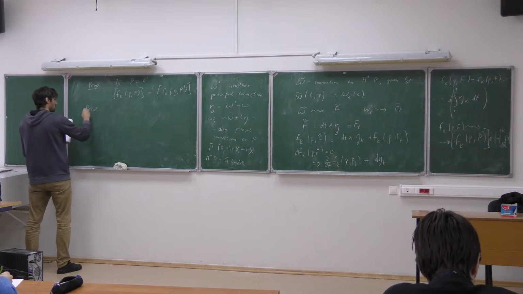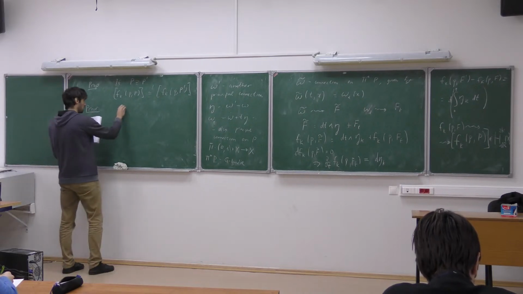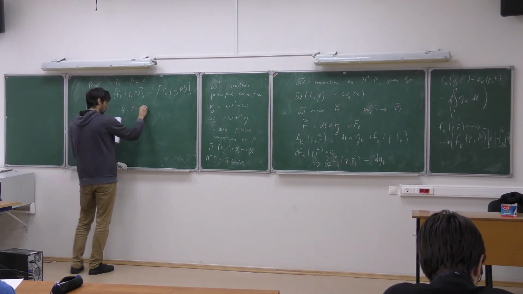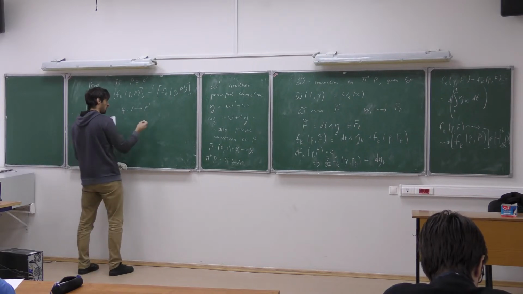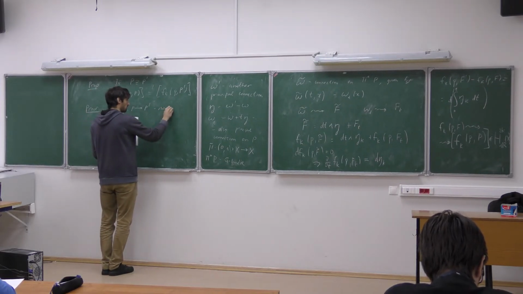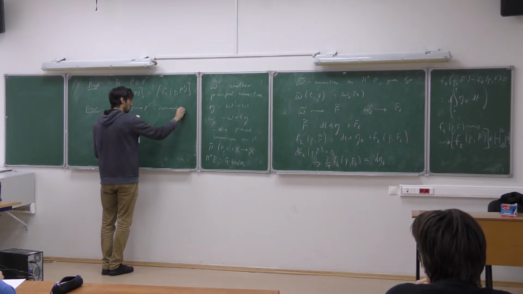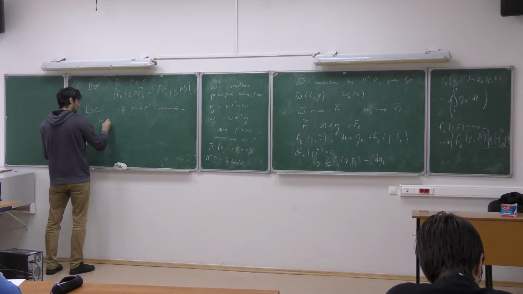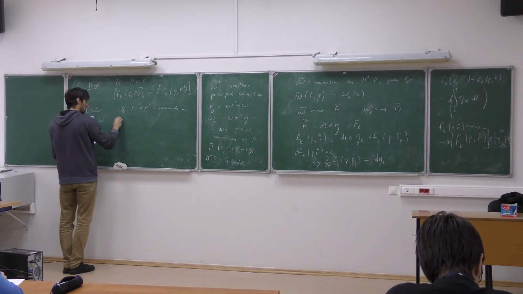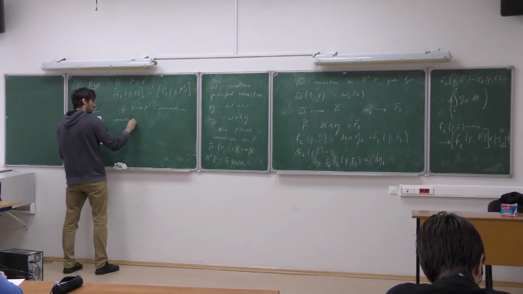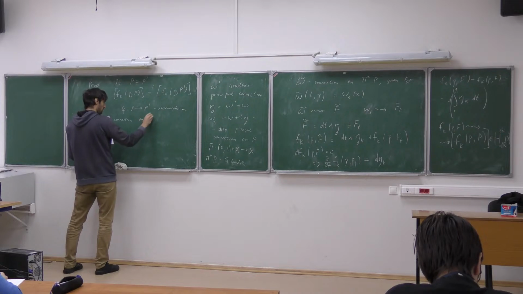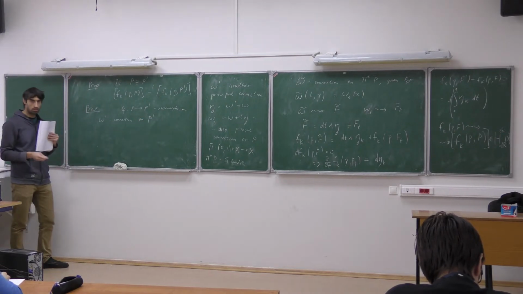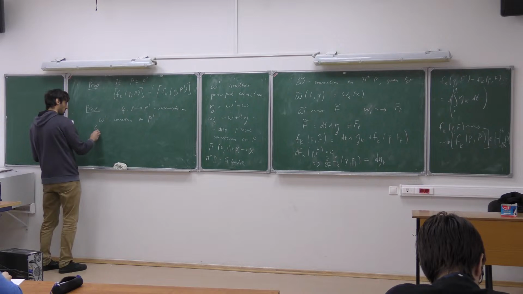So proof: if you have an isomorphism phi, you can take a connection on P prime, denoted omega prime, and you can pull it back.